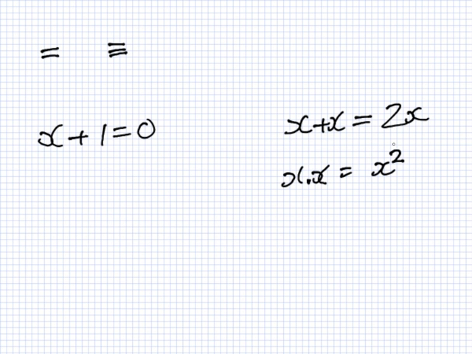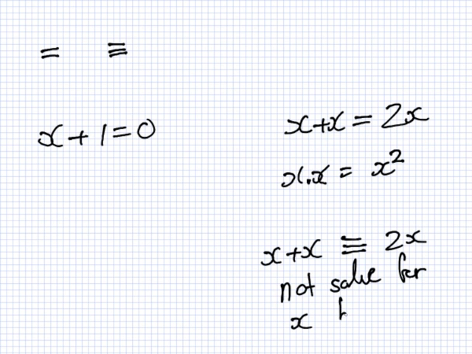So the way to make the difference clear is when we have an identity, we can use 3 signs. And this tells us that we cannot solve for x, but it is true for all x. So what I mean by that is, if x was 5, is this still true? Yeah, 5 plus 5 equals 2 times 5. If x was 6, 6 plus 6 is also 2 times 6.